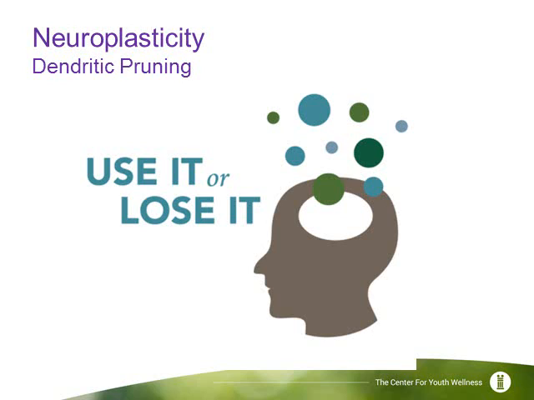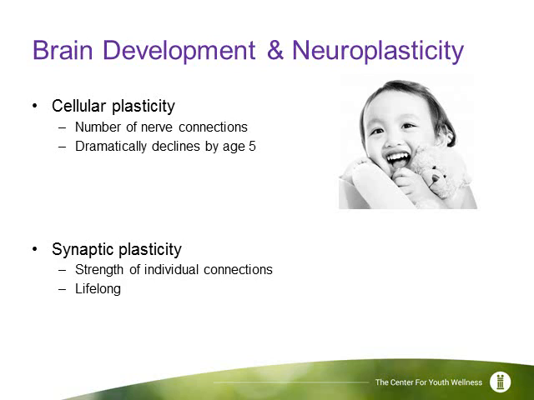Neuroplasticity occurs from birth until early adulthood and aids in brain development. Neuroplasticity can be impacted by learning and memorizing new information as well as genetics and the environment, and can lead to long-lasting functional changes in the brain. There are 2 important types of neuroplasticity, cellular and synaptic. Cellular plasticity primarily occurs in the first 5 years of life and is mainly concerned with the number of neuronal connections we make.